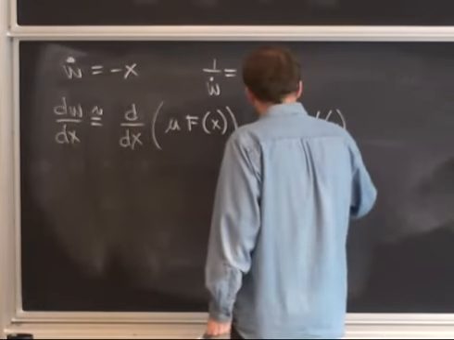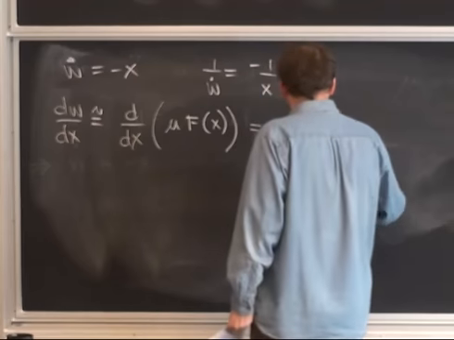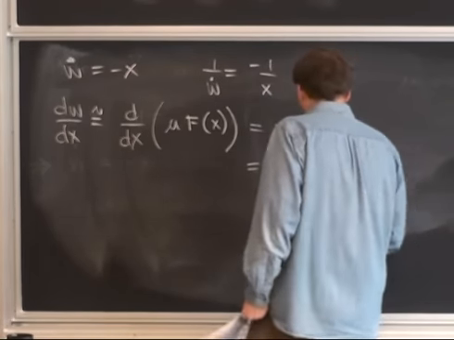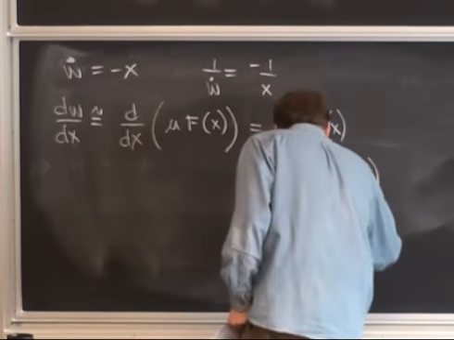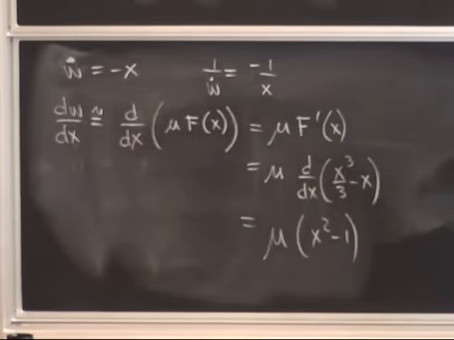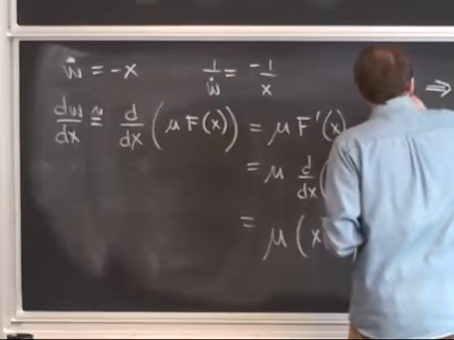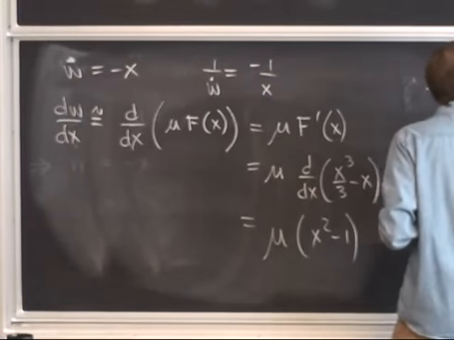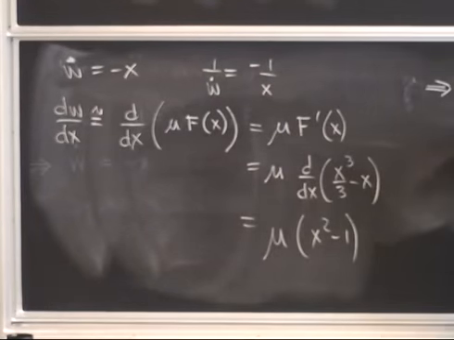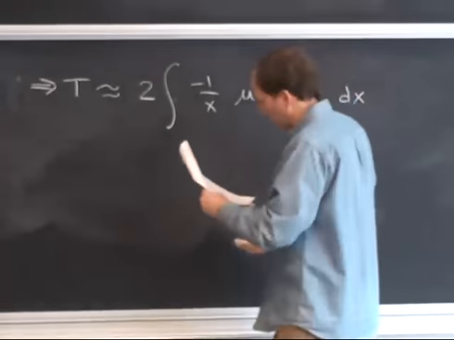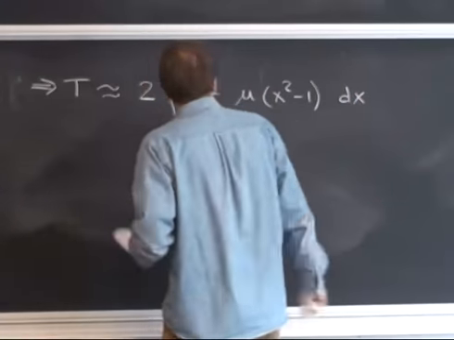So this would be mu times d dx of x cubed over 3 minus x. So it's mu times x squared minus 1. And then combining that with the w dot and using this formula up here, we get T, the period, is approximately 2 times the integral of minus 1 over x mu times x squared minus 1, dx, integrating from 2 to 1.